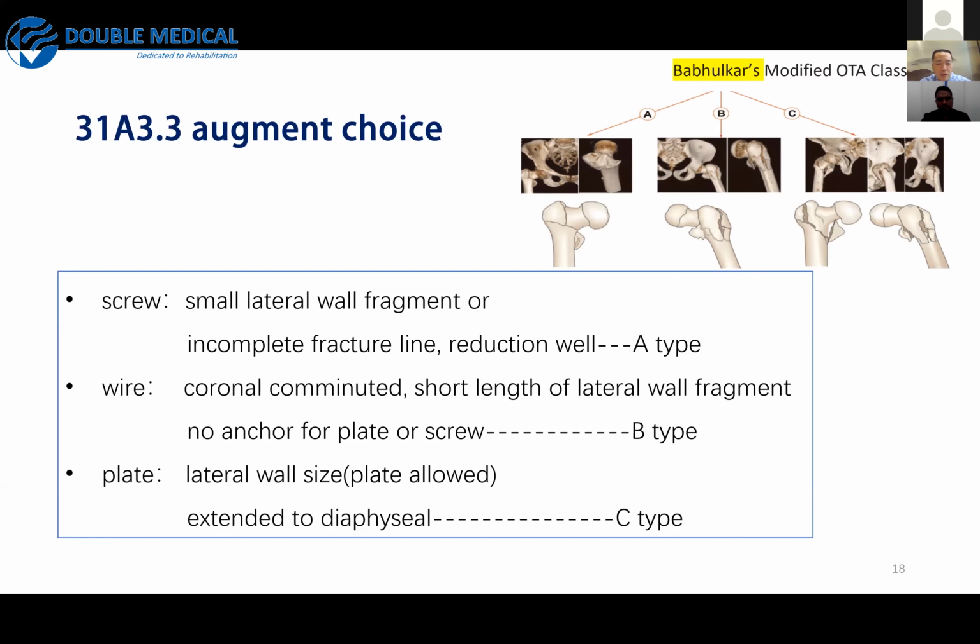But if there's a coronal comminuted and short lateral wall fragment, with no anchor for your plate or screw, maybe use the wire is better. If the lateral wall size is big enough, you can put in a single cortex screw extended to the diaphyseal. Maybe for this kind of C-type, you can use the plate.